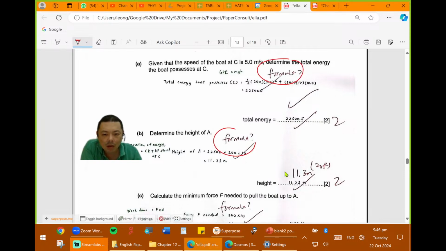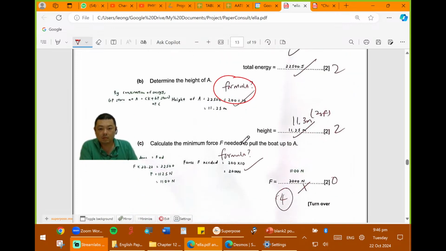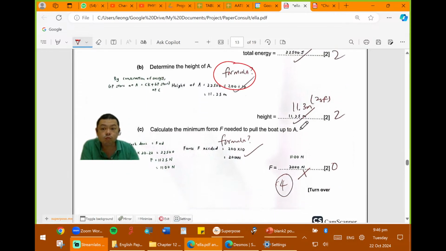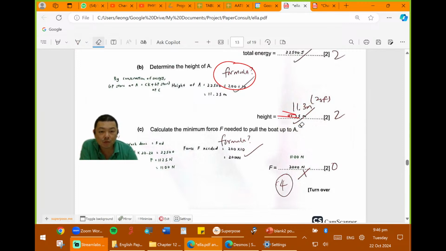I didn't realize the teacher is so particular about this. Okay. Hey, what's this? 11.25. Who asked you to put 4 SF?